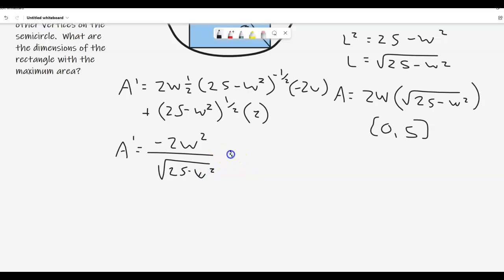And this is going to be plus 2 times the square root of 25 minus W squared. And we're going to set that equal to 0.